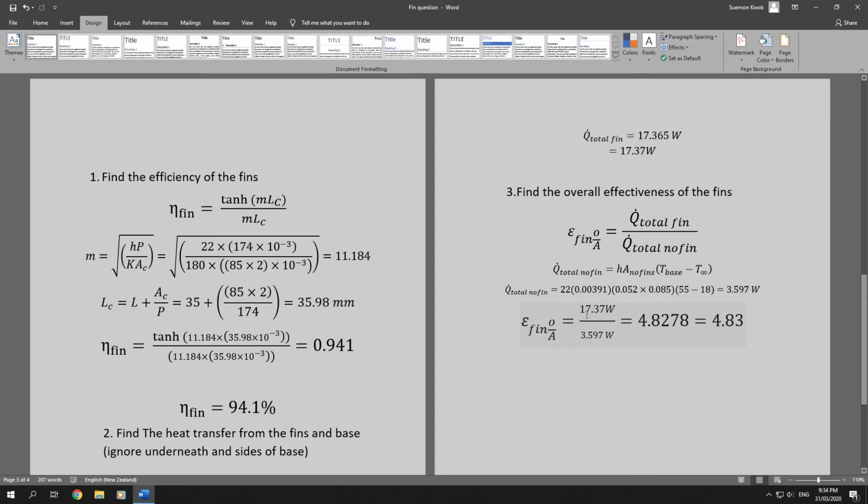So you should find your heat transfer no fin to be 3.597 watts. So it's just 17.37 watts divided by 3.597, which should give you 4.8278, or 4.83 effectiveness.